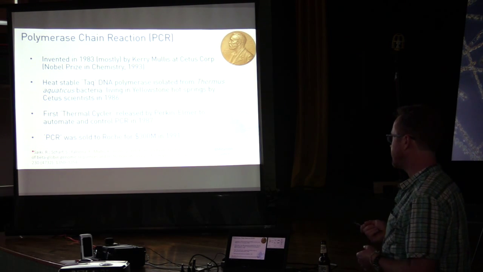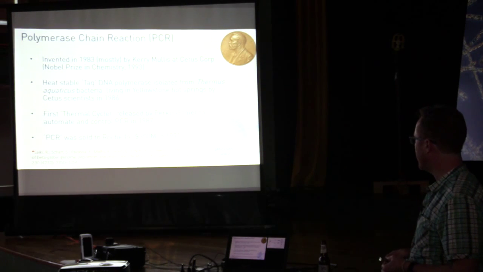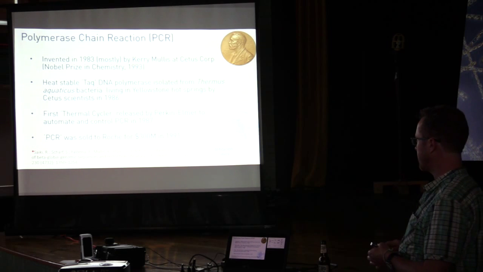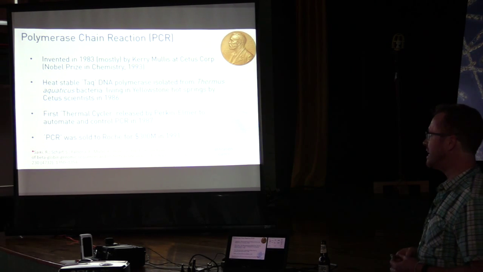So I'm going to tell you about the polymerase chain reaction. You may have heard about this, read about it. It's made it into the popular press. It was invented, I'd say mostly, in 1983.